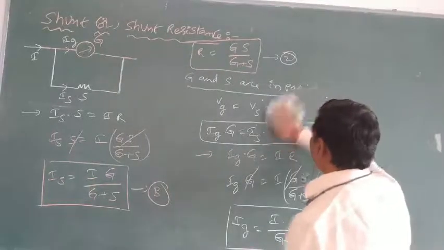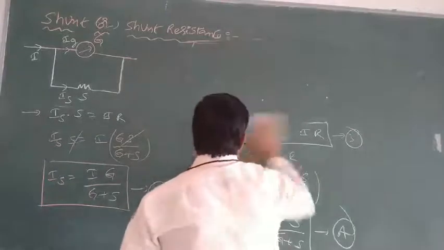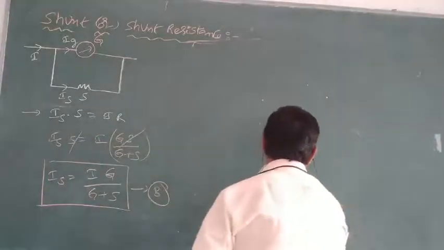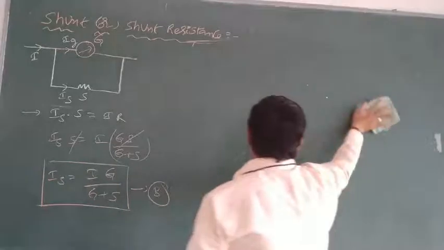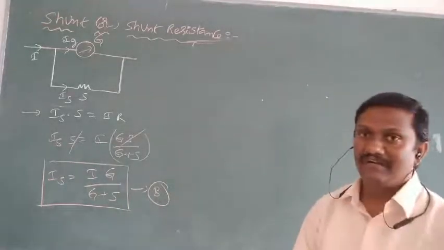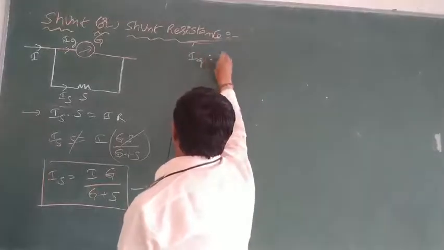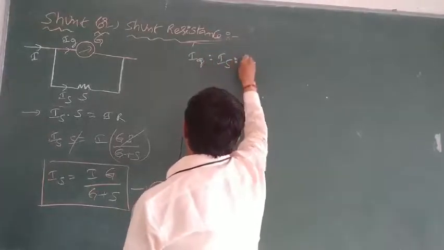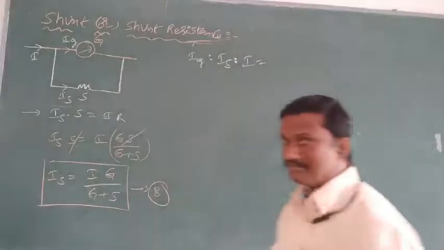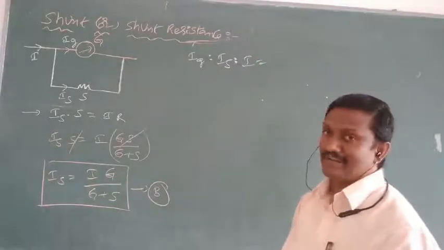Next, from the conclusions, find the ratio of the galvanometer current, shunt current and total current. What is the ratio between these currents?